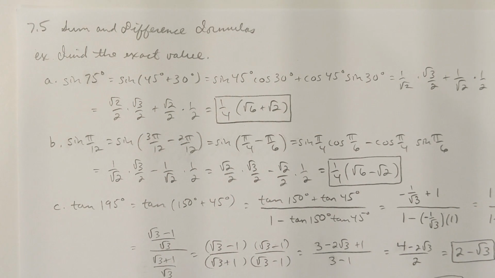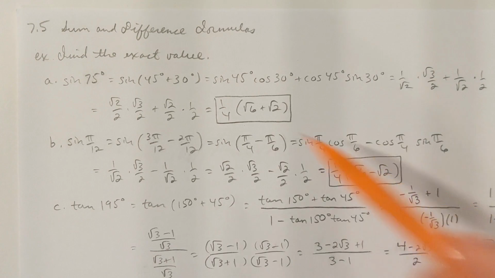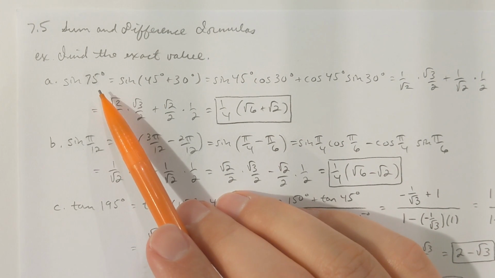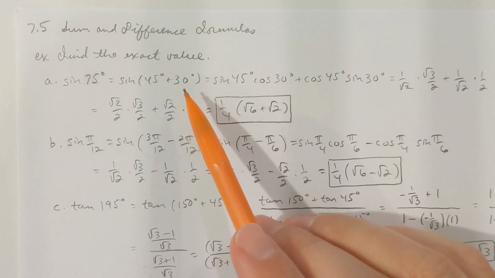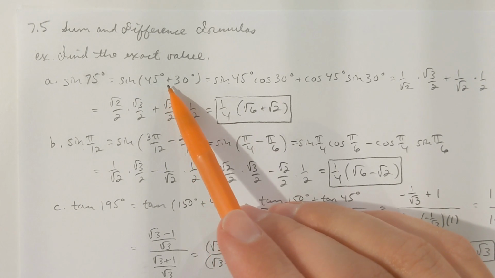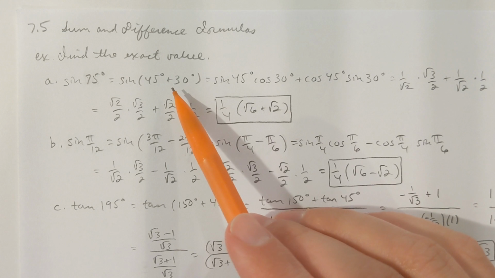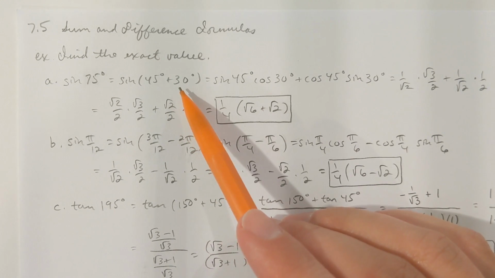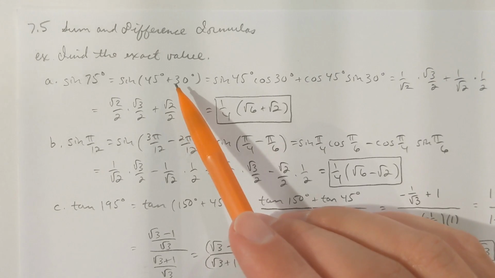Okay, so if we were to take 45 degrees plus 30 degrees, we would get 75 degrees. Now, 30 degrees and 45 degrees, like we've done lots of things with those, are common angles, right? And so I can use my 30, 60, 90 right triangle or my 45, 45, 90 right triangle.